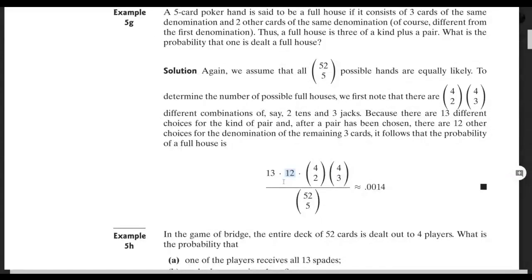Once one denomination is chosen, we only have 12 left. So we have 13 multiplied by 12, multiplied by 4 choose 2, multiplied by 4 choose 3, divided by the whole sample space, 52 choose 5. Anyone has any questions?